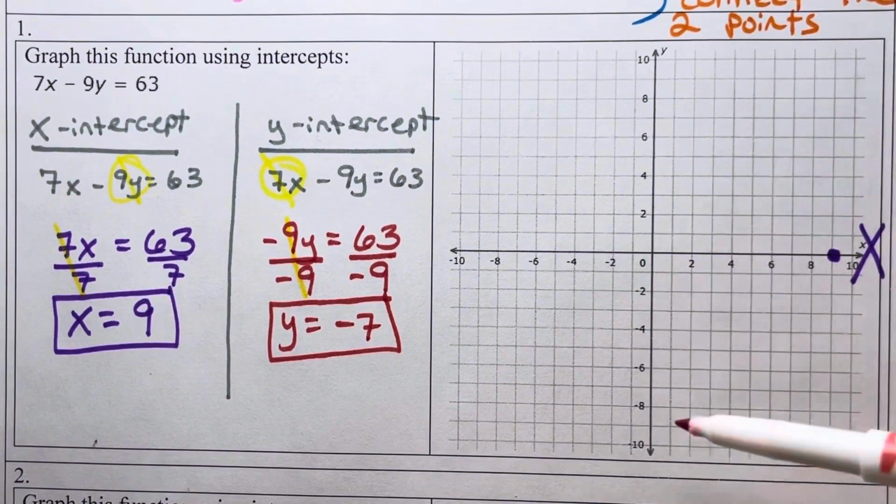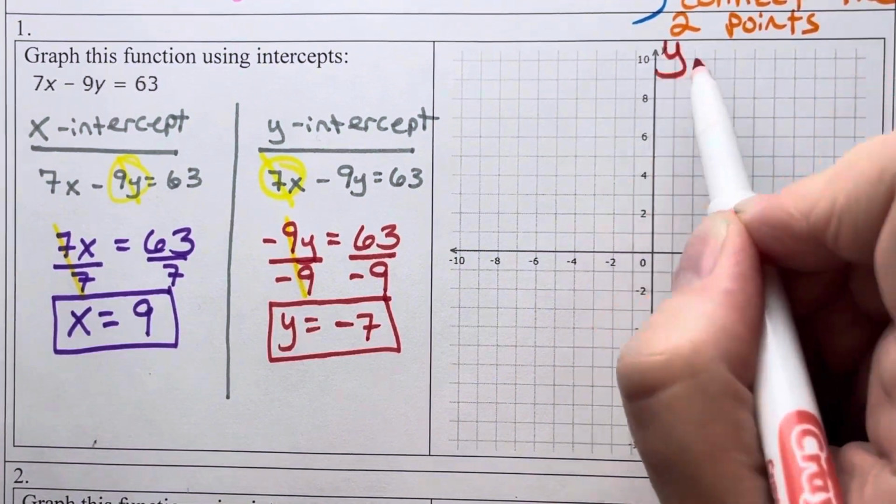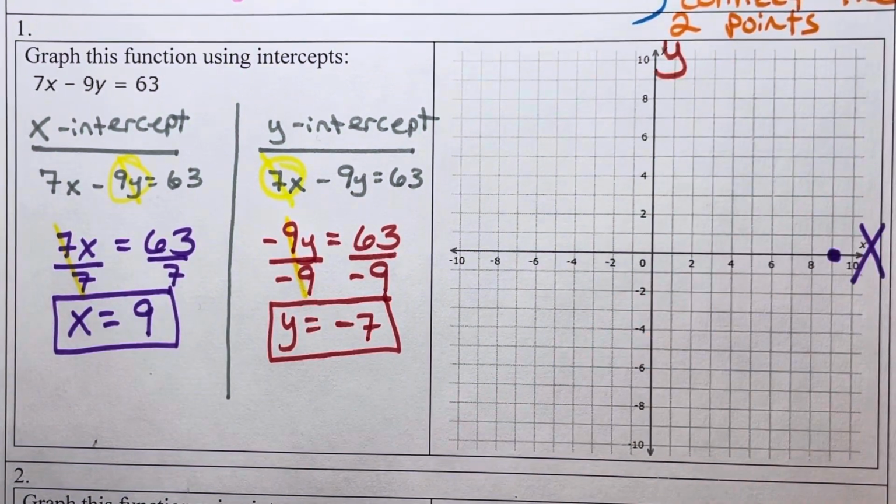Let's plot that. Our y-axis is this vertical axis in the center of our coordinate plane, and our intercept is at y equaling negative 7. Okay, the introduction said to solve for both the x and the y-intercept. We've done that.